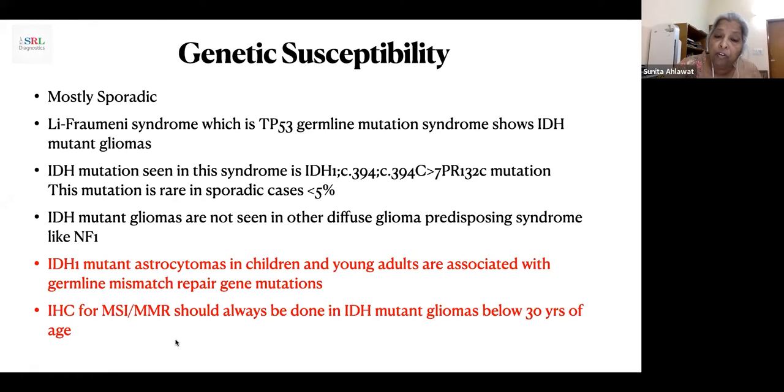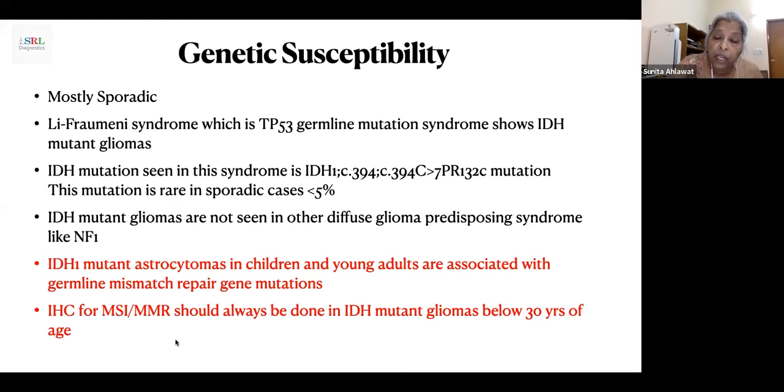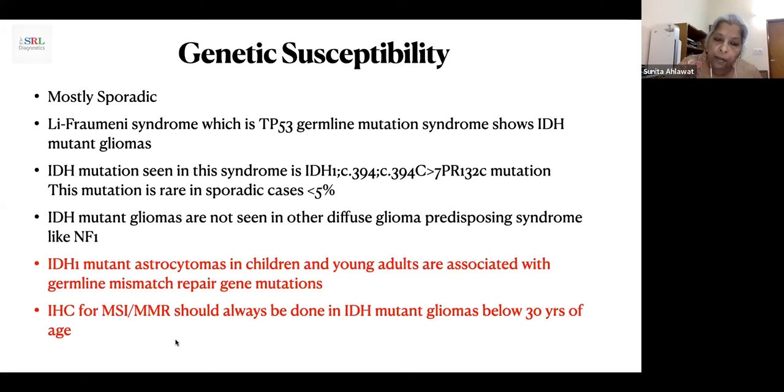We do it for colon cancer, and we do it for endometrioid carcinoma. So this should be a routine for IDH mutant astrocytoma occurring in children and young adults. And this is one type of IDH mutant astrocytoma in which we can give some hope to the patient.